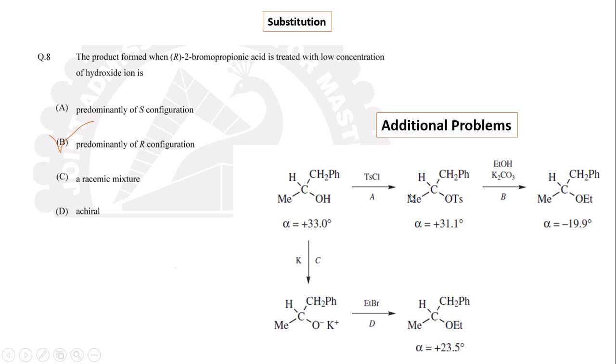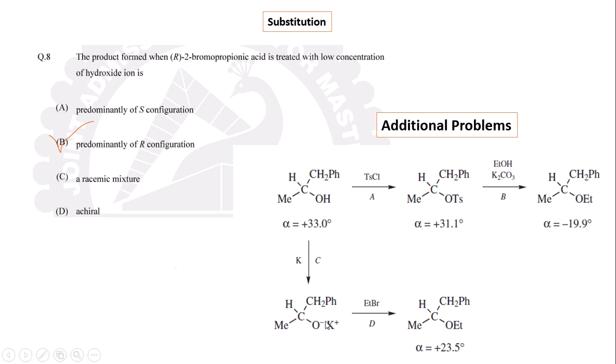We converted the OH to OTs, which is a better leaving group, and hence it undergoes cleavage to give the ether molecule via the SN2 mechanism, and here the specific rotation value has changed from the plus specific rotation to the minus specific rotation.